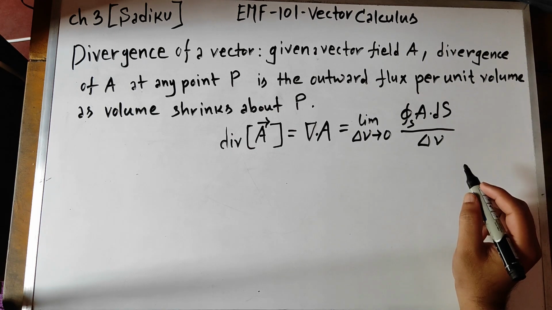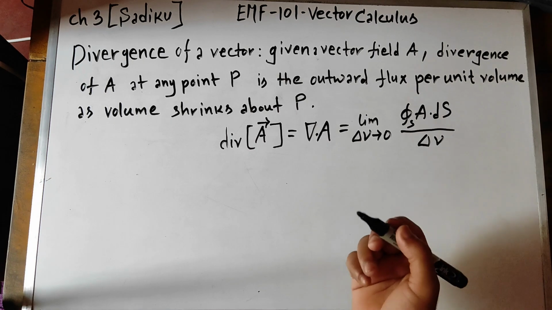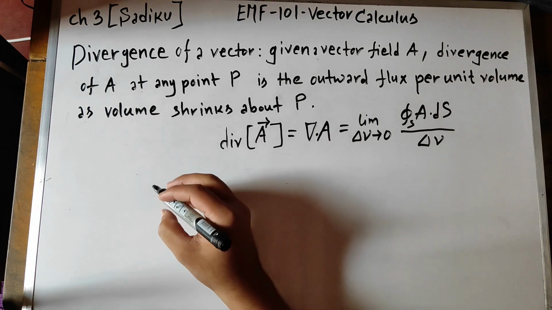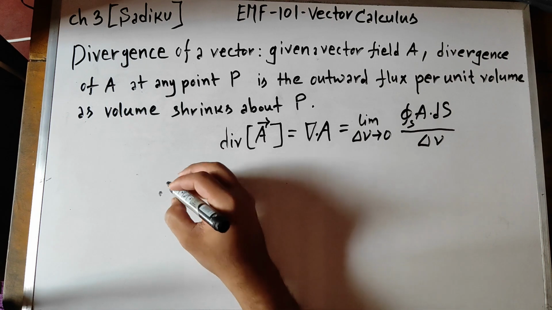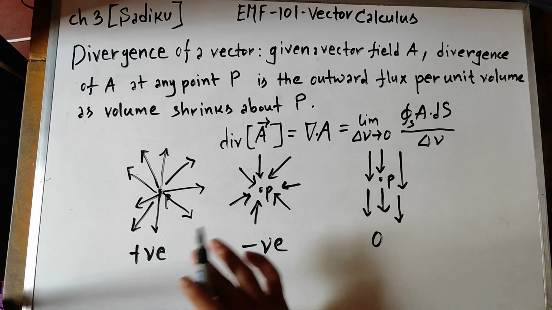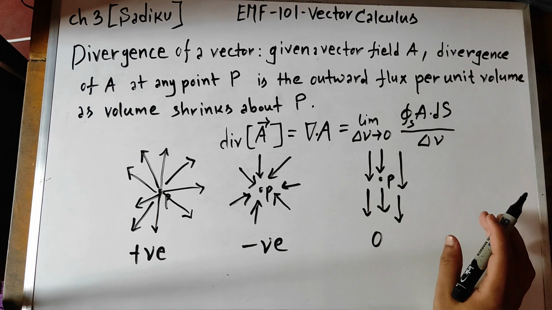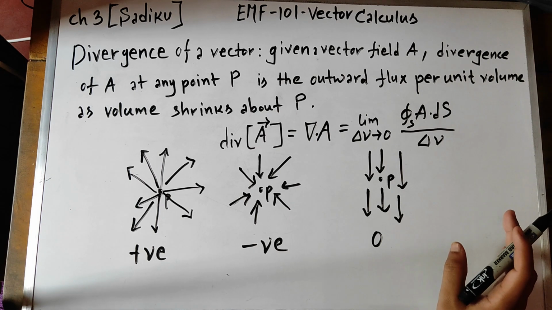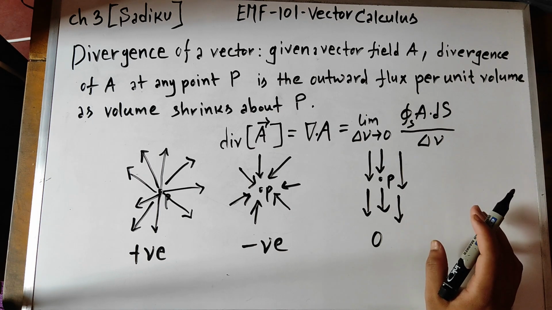Now we are going to see how the divergence of a vector looks. These are the three cases of divergence we generally see in vector fields.